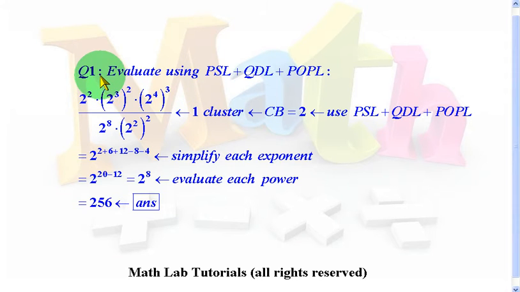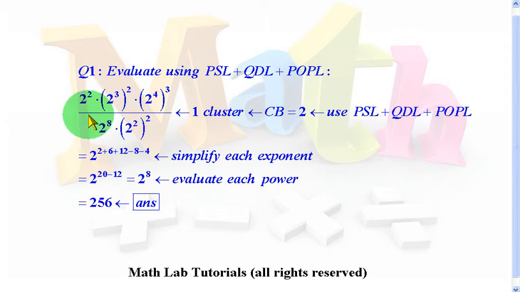Let's look at Q1. It says evaluate using PSL plus QDL plus POPL. PSL, you recall, is the product sum law, QDL is the quotient difference law, and POPL is the power of a power law. So we're going to be using all these 3 laws simultaneously.